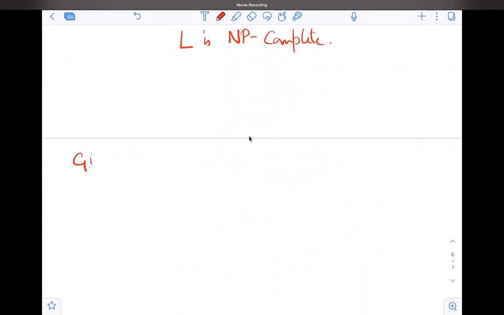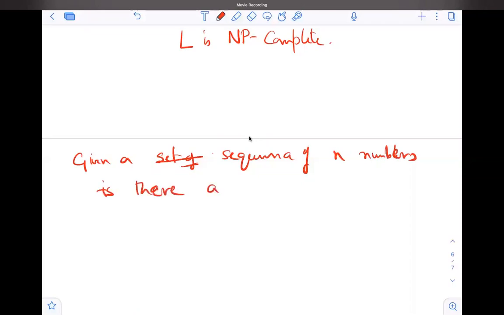Given a sequence of n numbers, is there an increasing subsequence of size bigger than or equal to, say, t? Is this question NP complete or not?